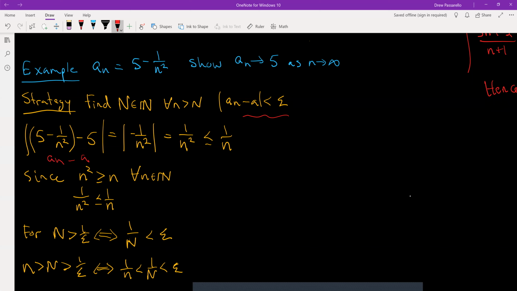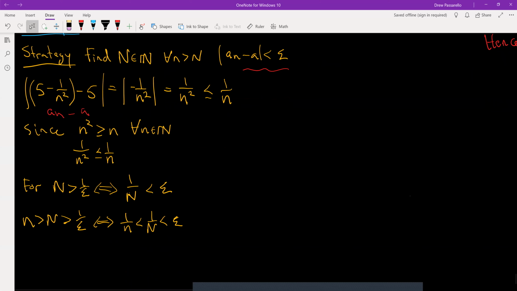Well, 1 over n squared is less than or equal to 1 over n, because n squared is bigger than or equal to n, and taking the reciprocal, 1 over n squared is less than or equal to 1 over n. Similar to the previous proof, by the Archimedean principle, we use capital N greater than 1 over epsilon, which means 1 over capital N is less than epsilon.